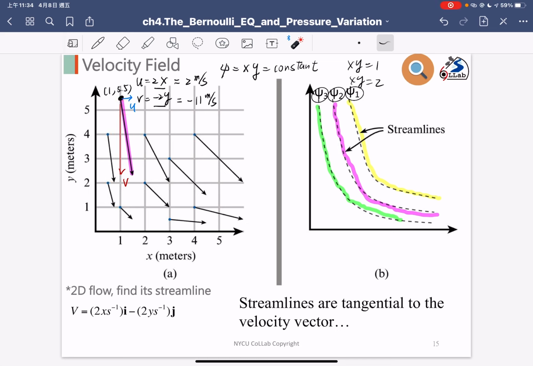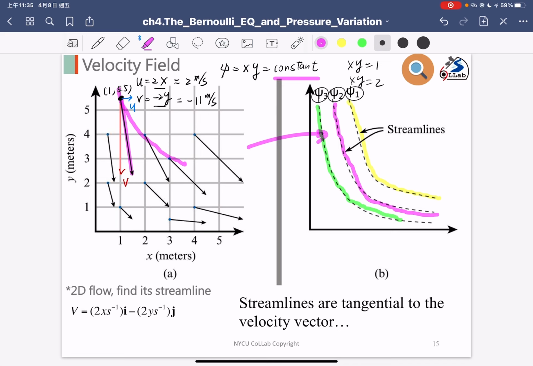Okay, so you have the velocity field, so you can plot each velocity vector. And all of the velocity vectors with the same stream function constant, you can create the line. And if you connect all of the points, it will be similar to the streamline on the right hand side.